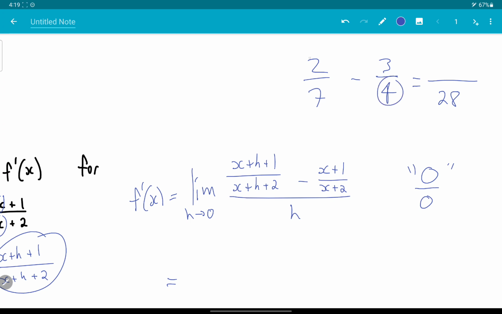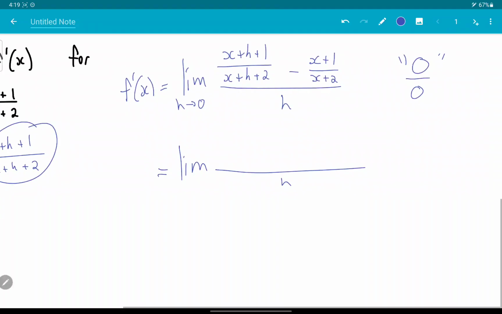And you would go 4 times 2 is 8, minus 3 times 7 is 21, right? So I'll do the same thing here. I'm making a big expression. So I'm going to have this times this.